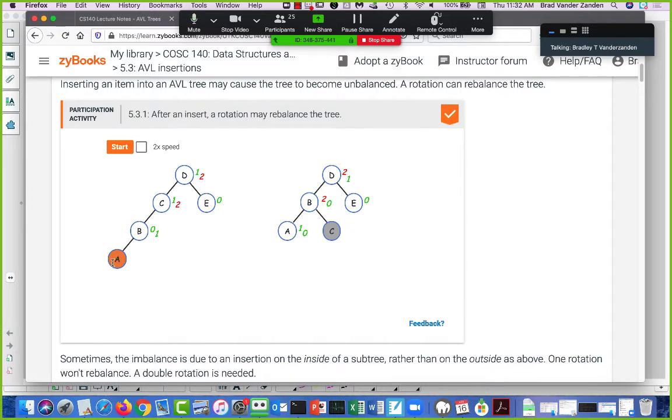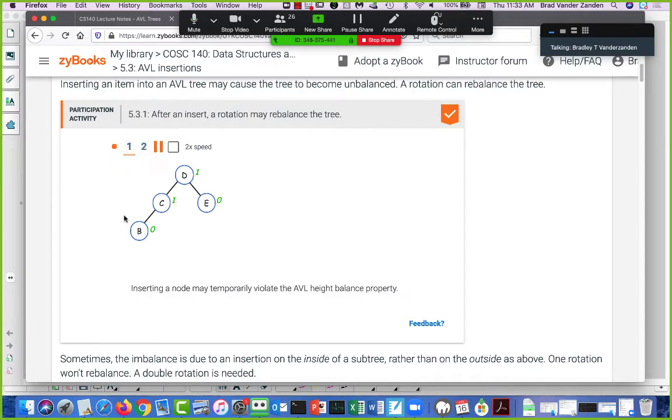If we do a recomputation of heights, then what we see is when we get to C, the balance factor is +2, meaning that the height of C's left subtree is 2 greater than the height of C's right subtree. And that means we have to do a rebalance operation, and we do it about C's left child B. So you can see the result there where we've rebalanced and B's become the root.